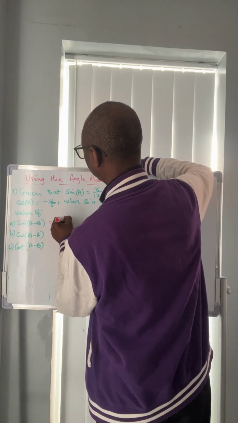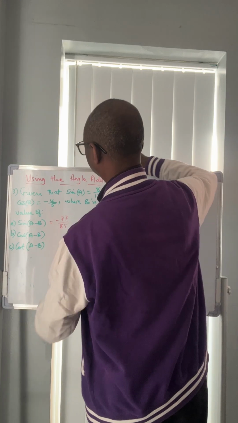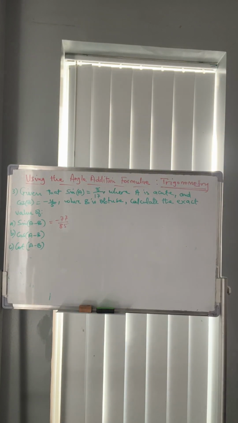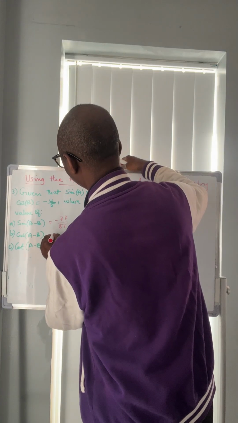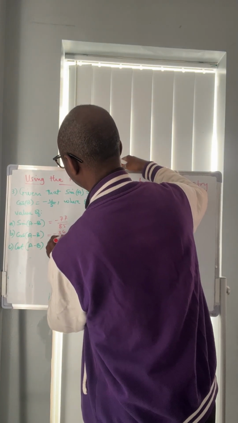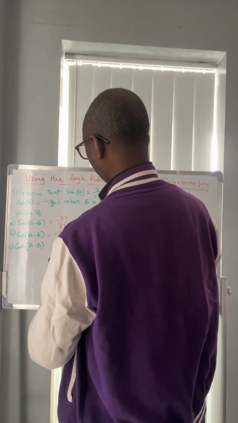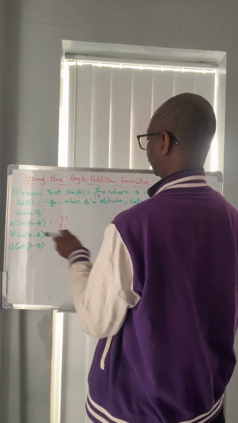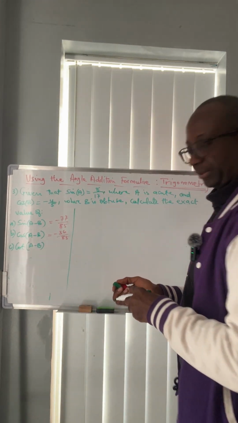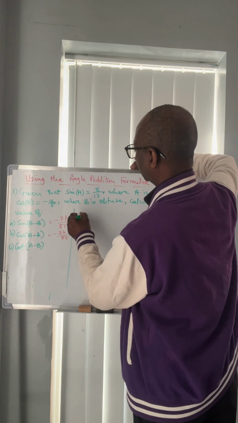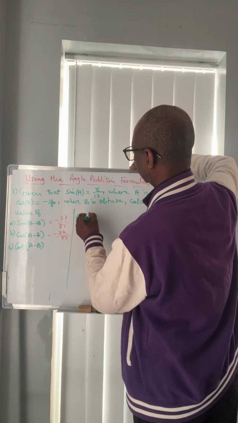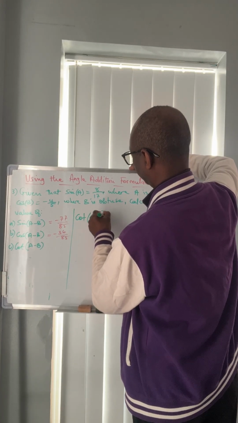And cos of A minus B was minus 36 all over 85. So now we need the cotangent of A minus B.